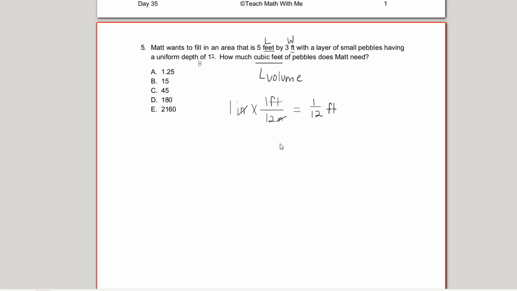Now let's take our other dimensions of 5 times 3 times 1/12, and we can do some simplifying here, and we actually get 5/4 cubic feet, which is the same as 1.25 cubic feet, and that is answer choice A.